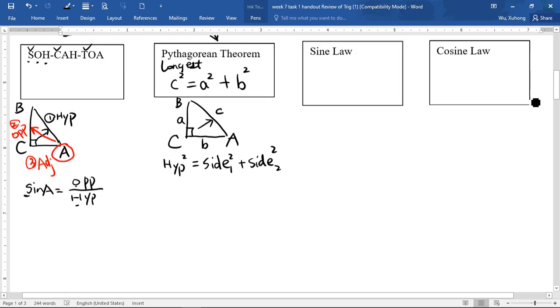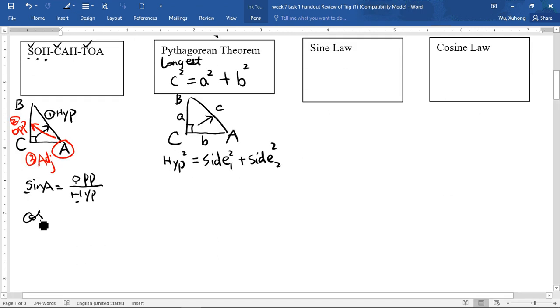And CAH represents cosine of the picked angle equals A adjacent over H hypotenuse. And TOA: T is tangent, O is opposite, A is adjacent.